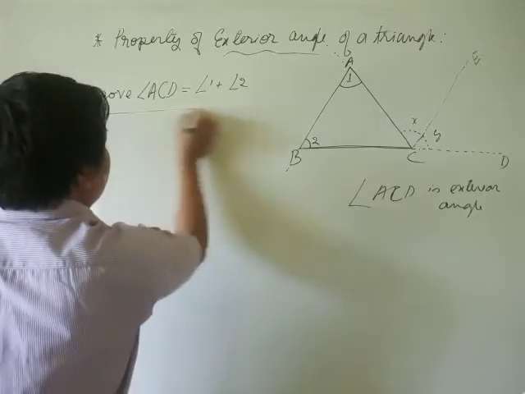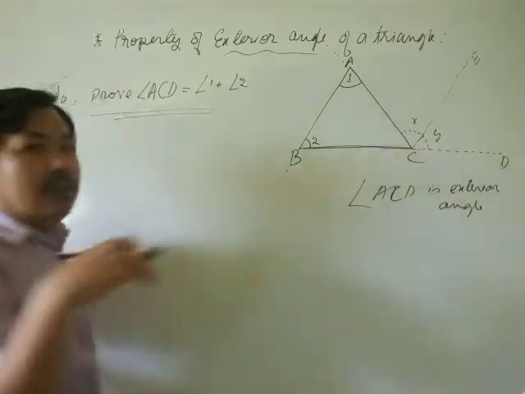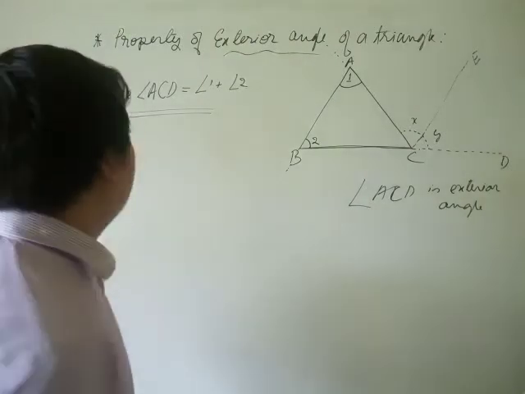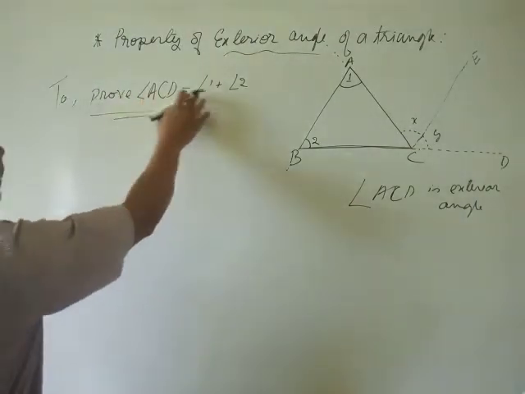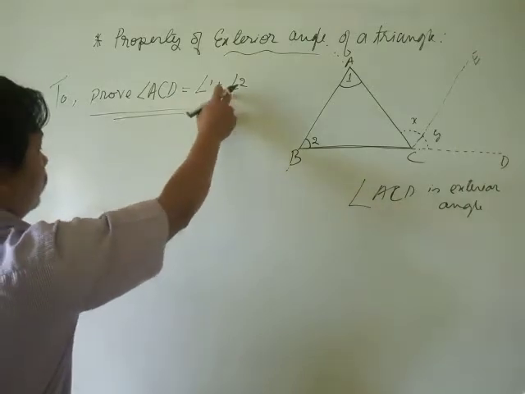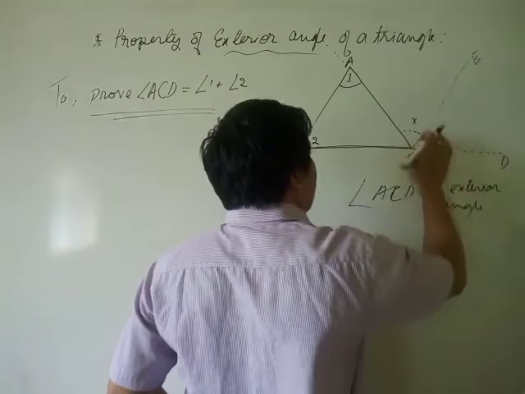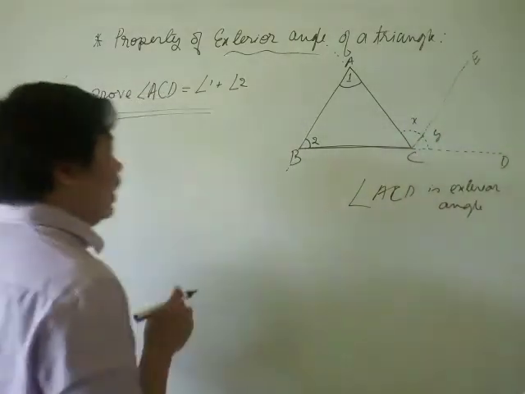We have to prove this, and then we will finally conclude the property. So to prove angle ACD equals 1 plus 2, what we have to do is construction.